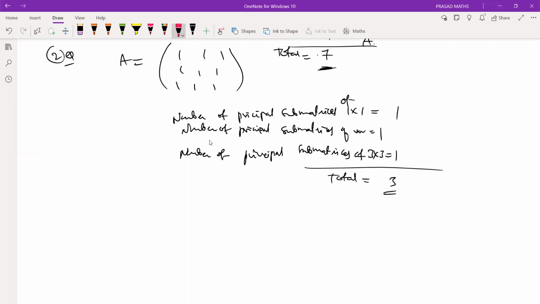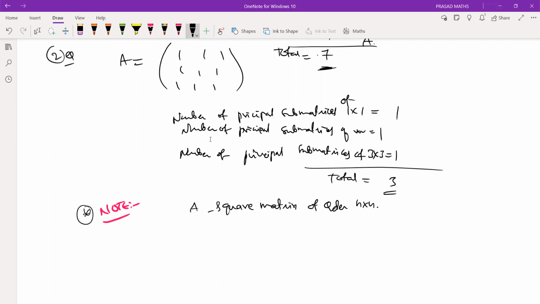Suppose you are given a square matrix of order n by n.